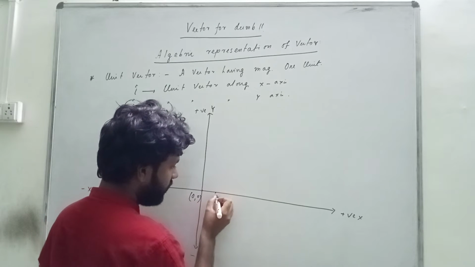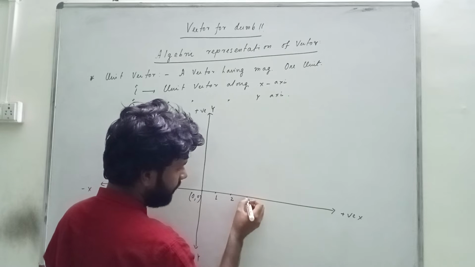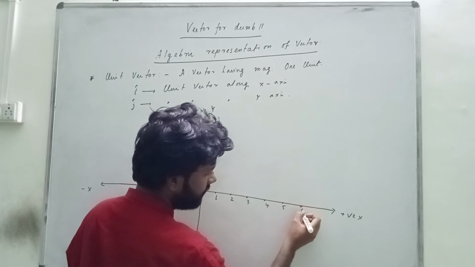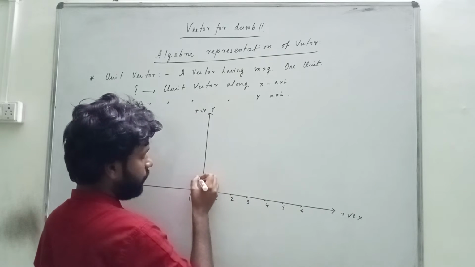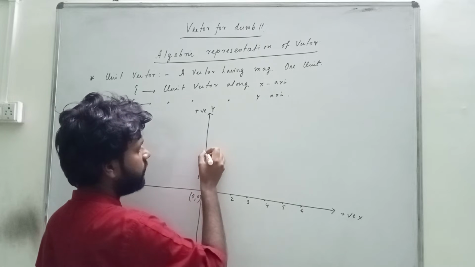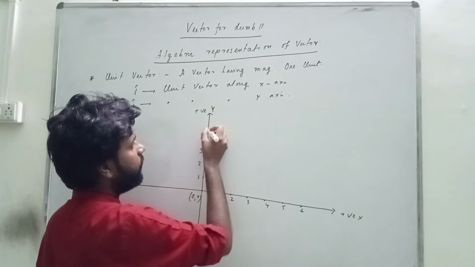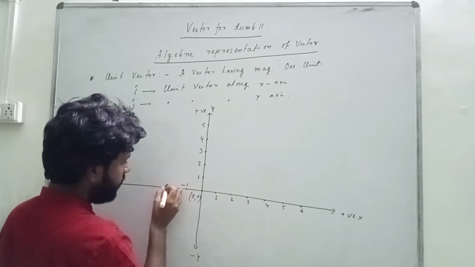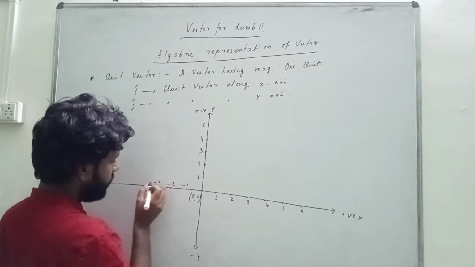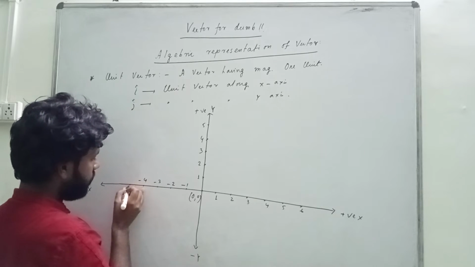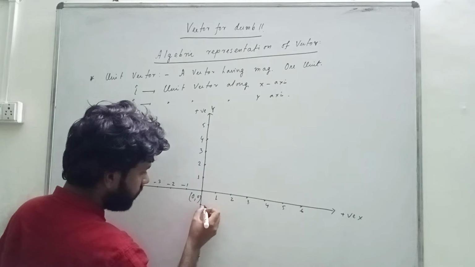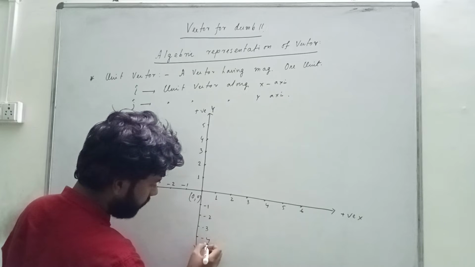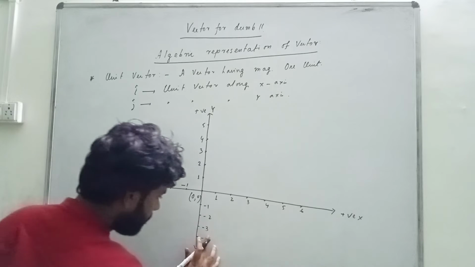Then 1, 2, 3, 4, 5, 6 and so on along positive x, and -1, -2, -3, -4, -5 along negative x. Similarly, 1, 2, 3, 4, 5 along y, and -1, -2, -3, -4 below.